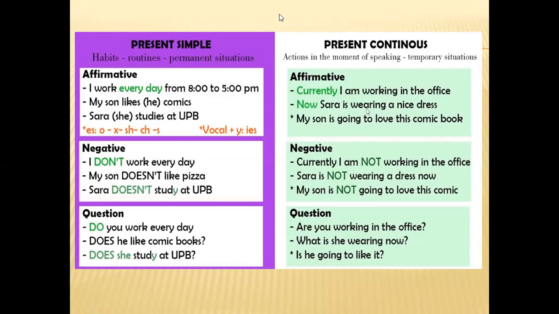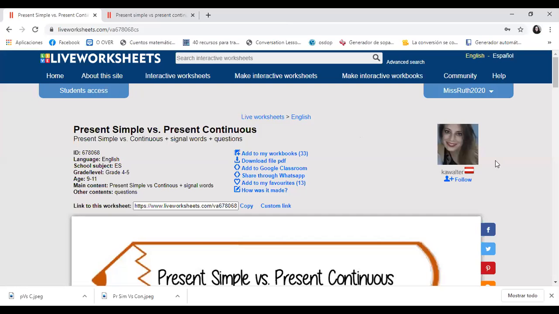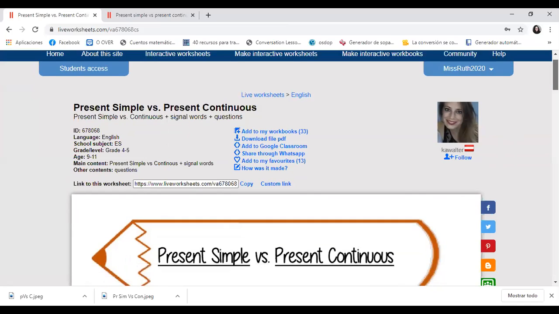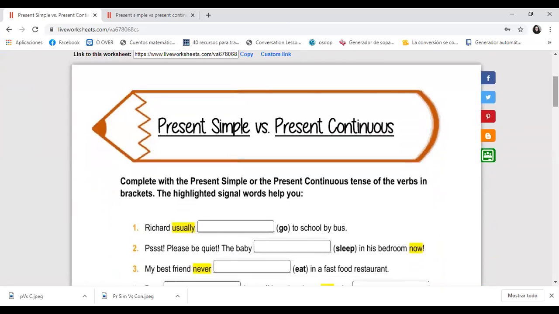Now I'm going to explain to you about the activities that you have to do. Okay, so here we are with the activities. Do you remember the live worksheets? Today we're going to work with another live worksheet with present simple and present continuous.